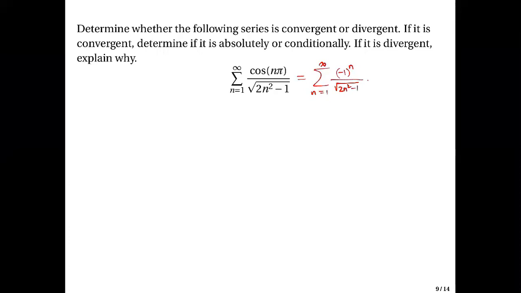So first, the series is alternating, with b_n equals 1 over square root of 2n squared minus 1.